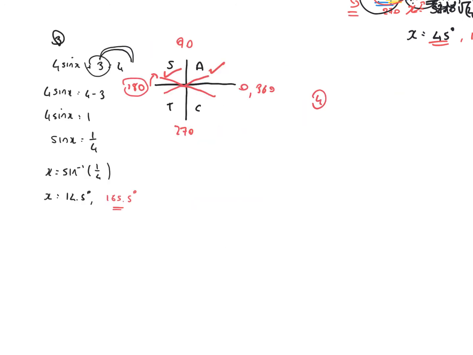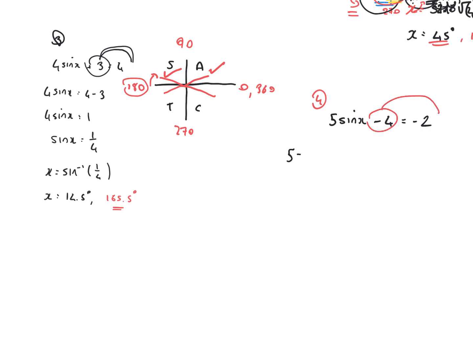Okay, let's try an example 4 now. So example 4, let's go for 5 sine x minus 4 is equal to minus 2. Okay, so my first move is to bring the minus 4 over, and it changes sign to become plus 4.